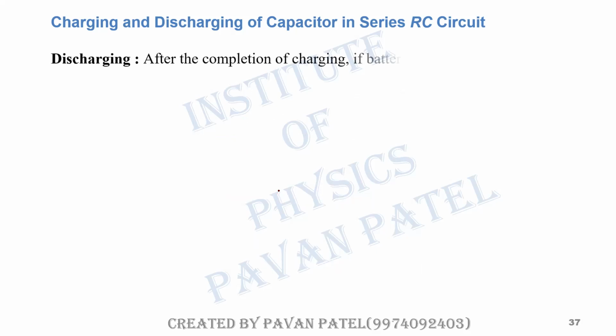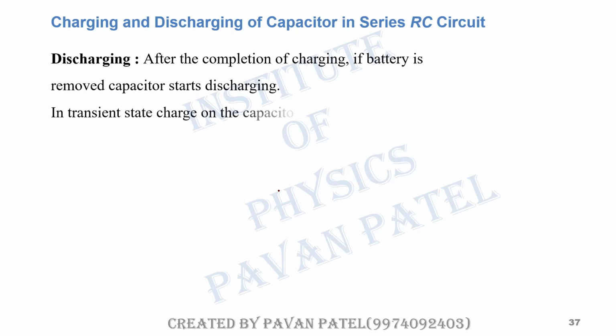Discharging process. After the completion of the charging, if the battery is removed and the capacitor starts discharging, in the transient state, the charge on the capacitor at any instant will be given by Q = Q0 e^(-t/RC).